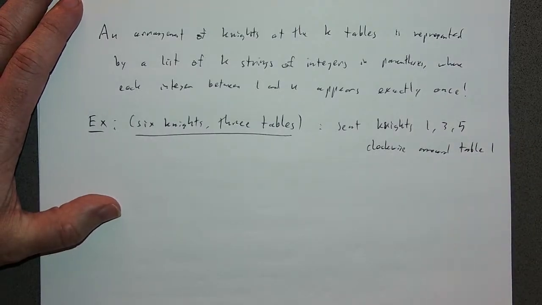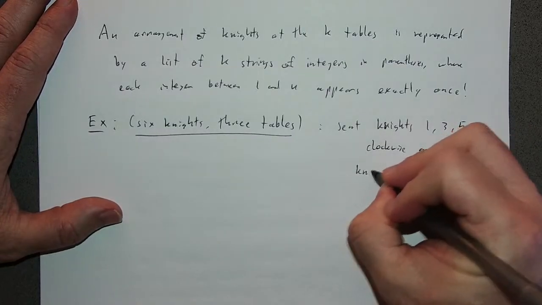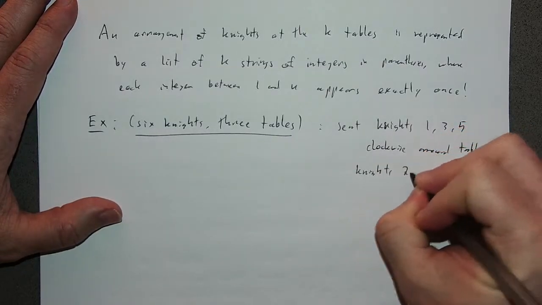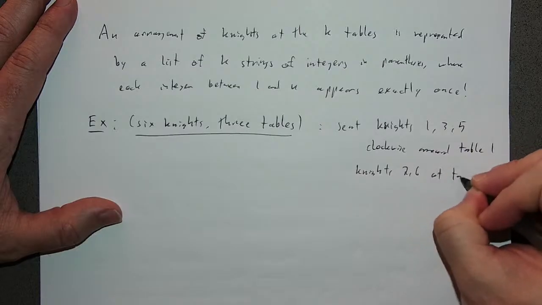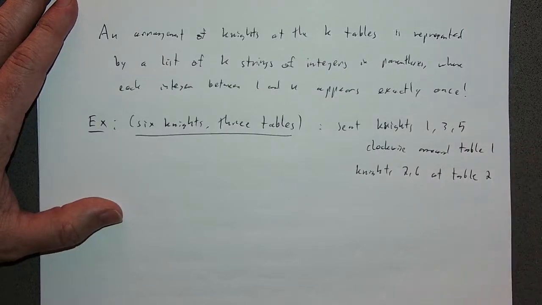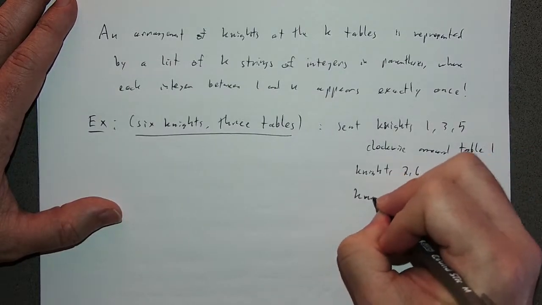Then we could have knights 2 and 6 at another table, and knight 4 at the last table.